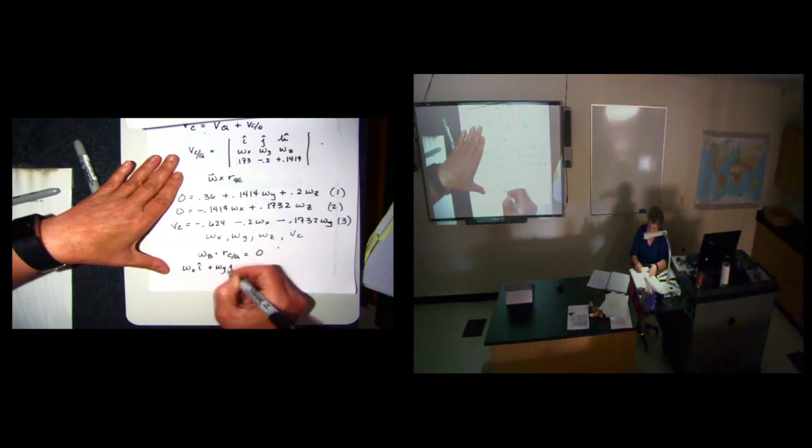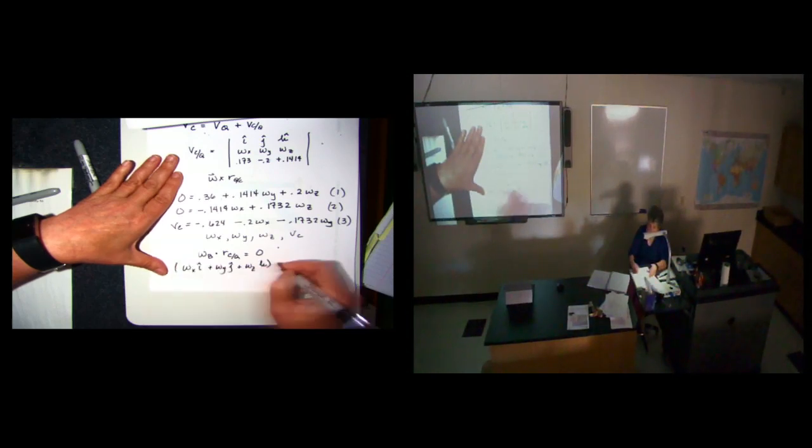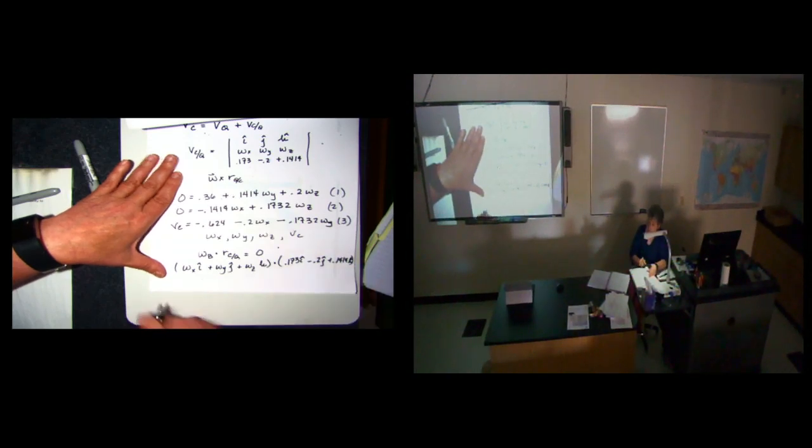And omega B is my omega x plus my omega y plus my omega z. I'm going to dot that with my 0.173 i, my 0.2 j, my 0.141 k, which gives me 0.173 omega x minus 0.2 omega y plus 0.141 omega z has got to equal 0.